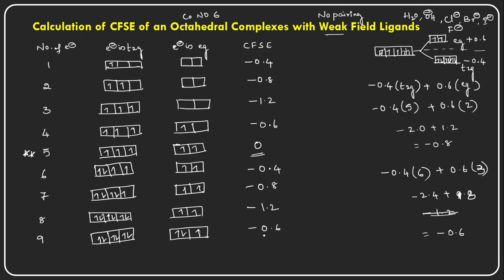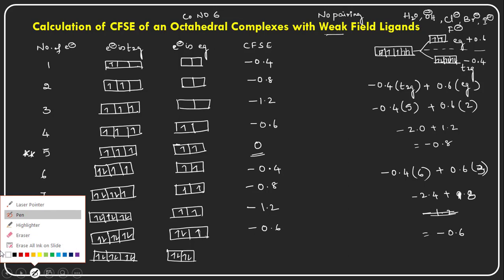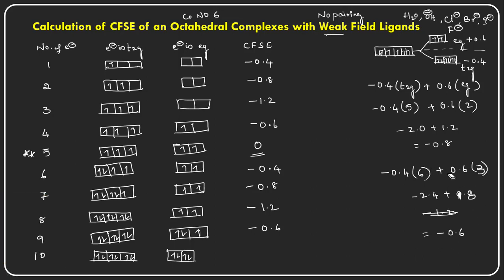Okay, so if 10 electrons are there in the d orbitals of the central metal cation, the Eg orbitals and T2g orbitals get fully paired. So here there are 6 electrons, and here there will be 4 electrons.